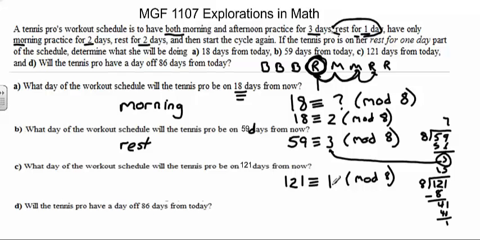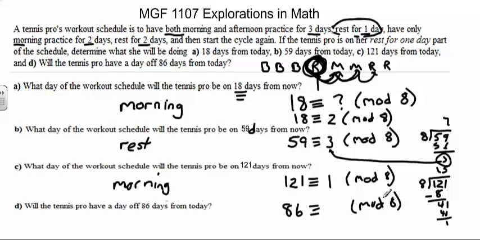So 1 day into the future is the same practice type as 121 days. So if today is the single day of rest, 1 day forward is morning practice. 1 day in the future is the first day of the 2 days of morning practice. And then 86 days, we'd say 86 is congruent to what mod 8?